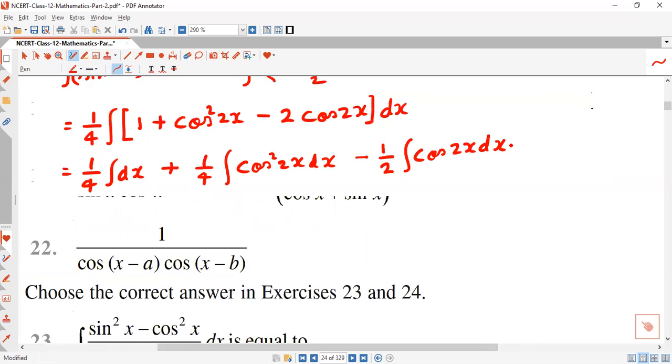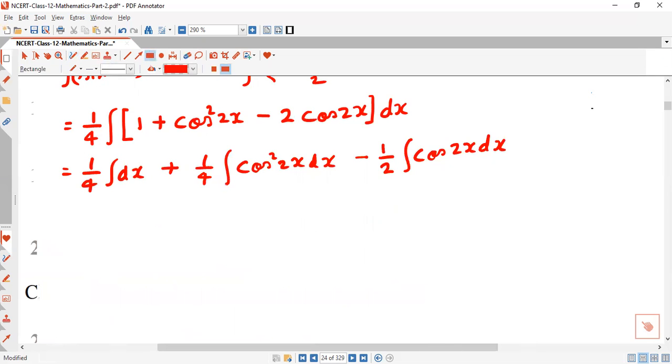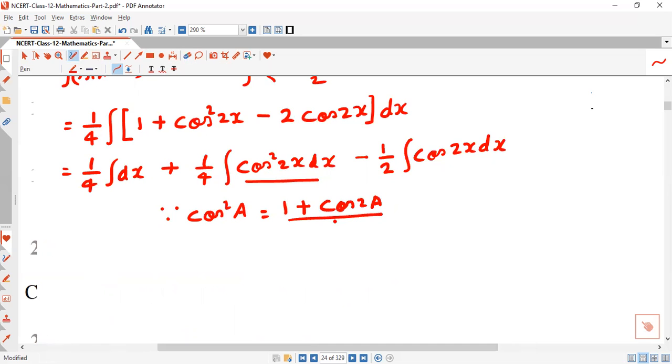See again, cos square 2x is given to you. We know the formula. For this one, we use the formula cos square a equal to 1 plus cos 2a by 2.